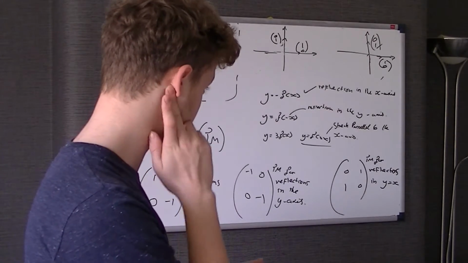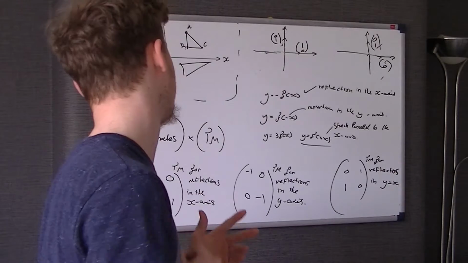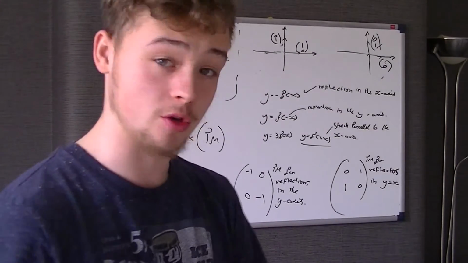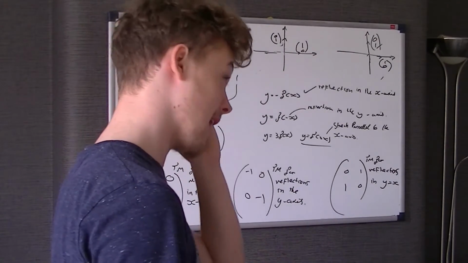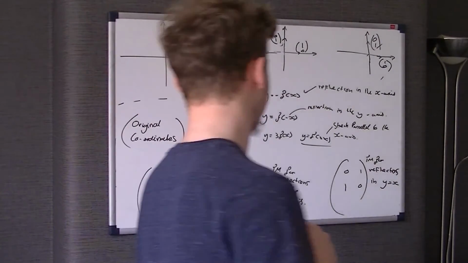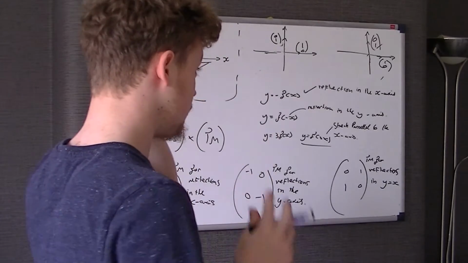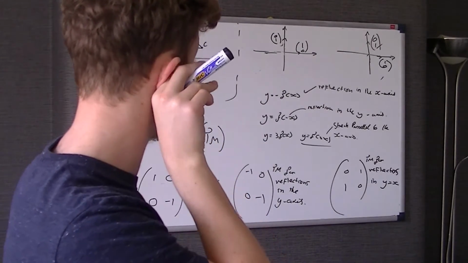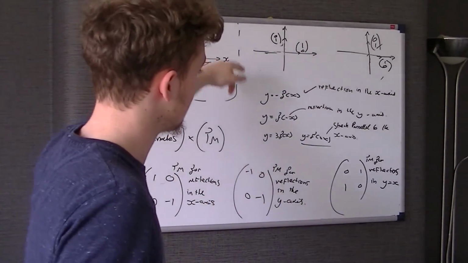Basically, when you do y equals the negative of the whole function, it's a reflection in the x-axis, because you turn all of the y coordinates negative.